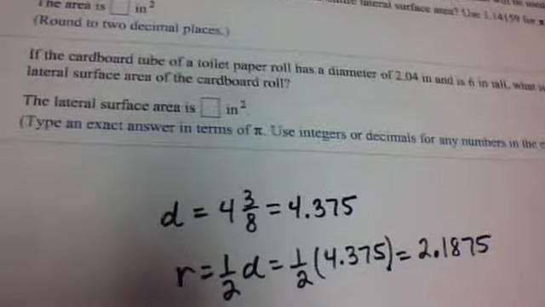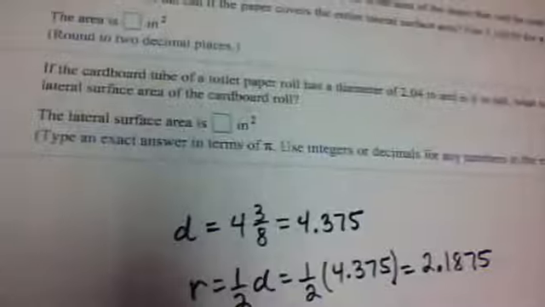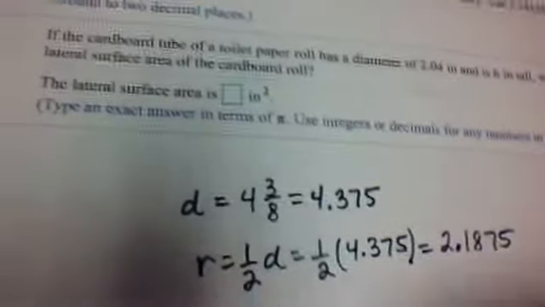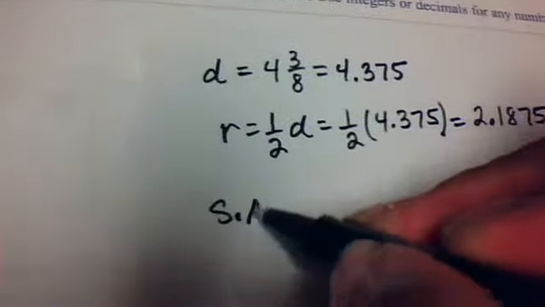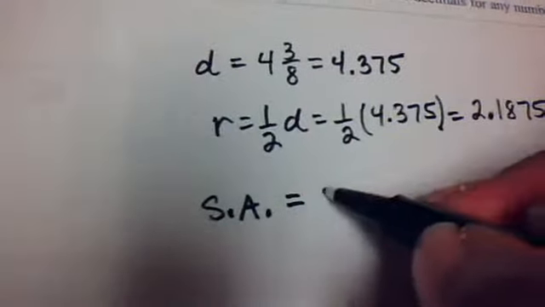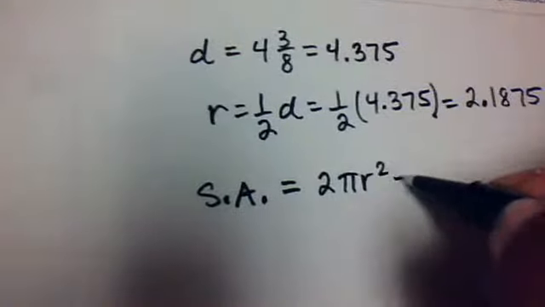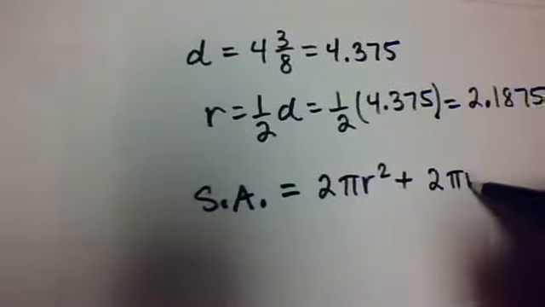Okay. Now, in a cylinder, our surface area for the cylinder is this: 2 pi r squared plus 2 pi r times h.